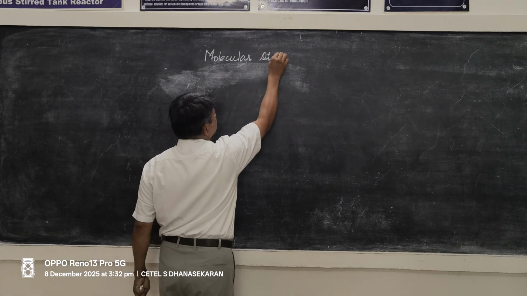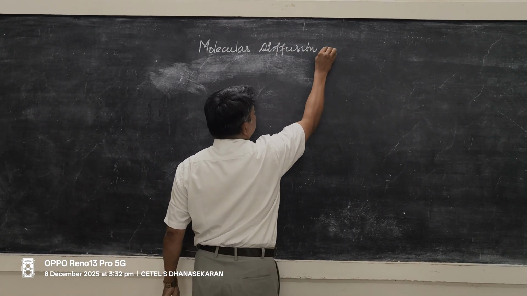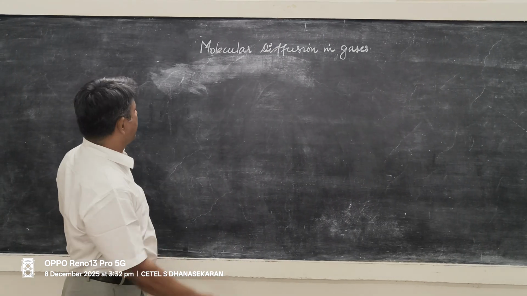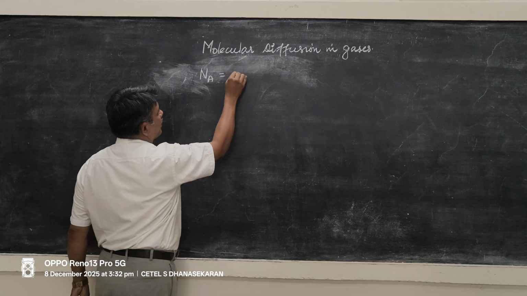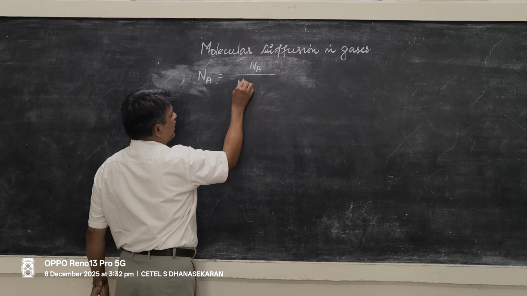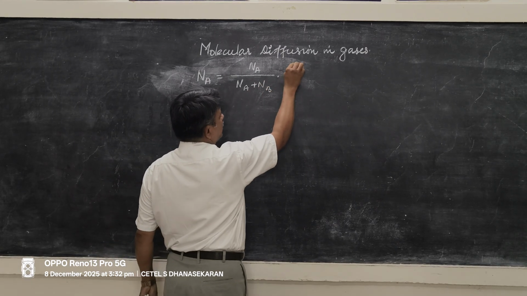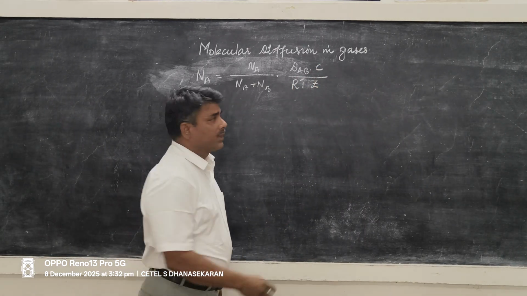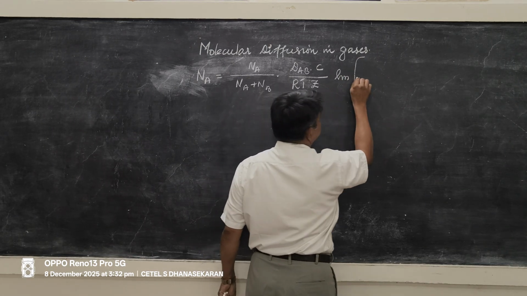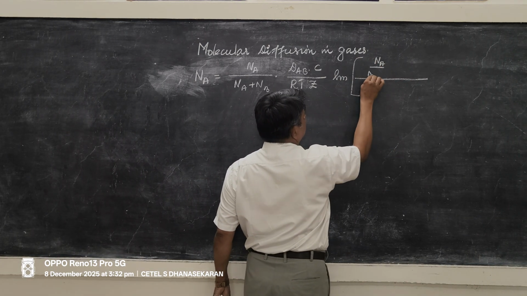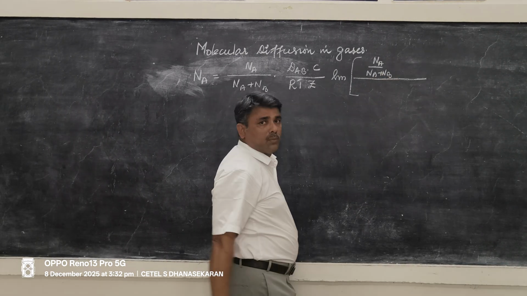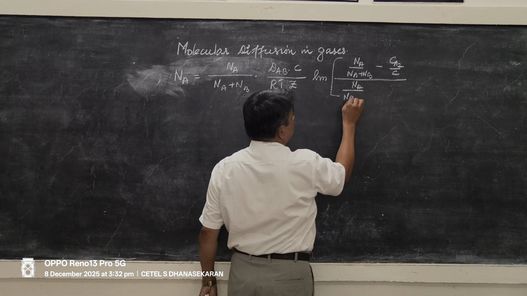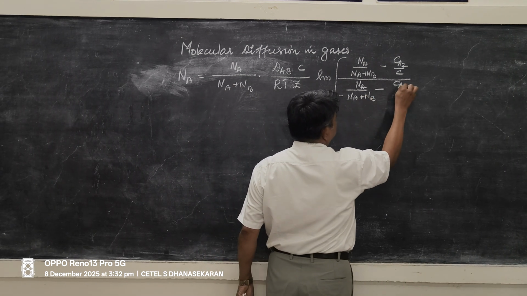Molecular diffusion in gases. Finally, we arrived at the equation for flux of component A: NA is equal to NA divided by (NA plus NB) into DAB into C divided by RTZ into ln of [NA divided by (NA plus NB) minus CA2 divided by C] divided by [NA divided by (NA plus NB) minus CA1 divided by C].